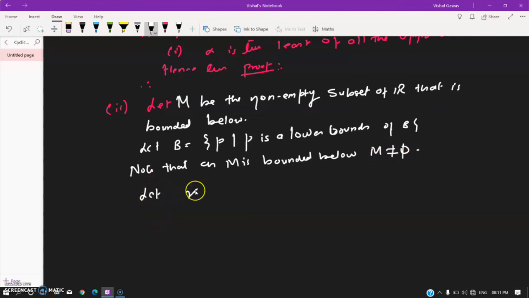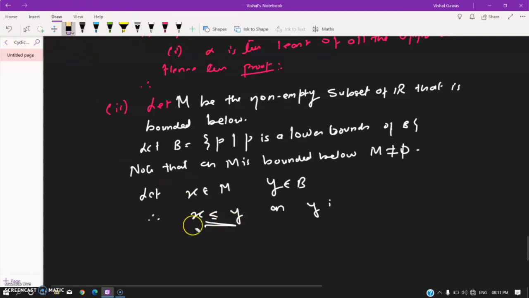Let X belong to M, Y belong to B. Therefore, X is less than or equal to Y, right? As Y is... oh, I made a mistake. The other way, it should be the other way now, because I'm taking an element.